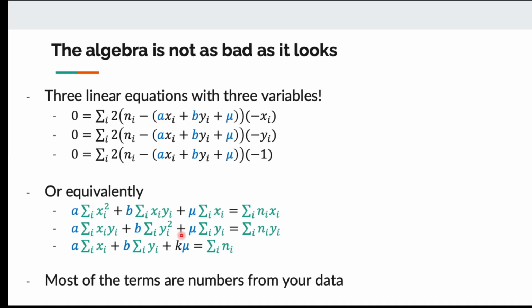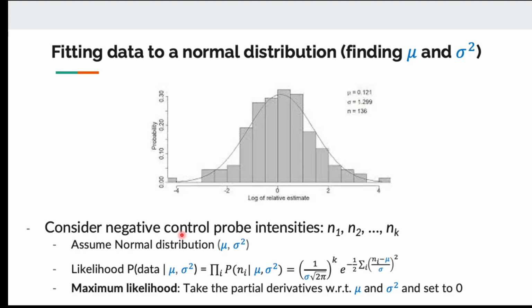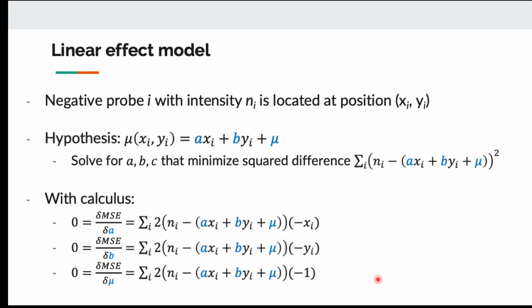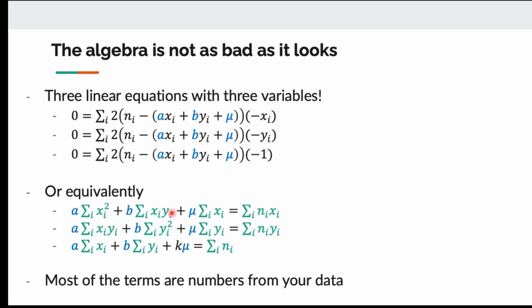So basically, on one hand, we can fit our data to the null hypothesis, and we get mu and sigma squared. From the alternative hypothesis that we have some position-specific effects on the noise, we can also estimate our A, B, and mu, and then we can get the sigma.